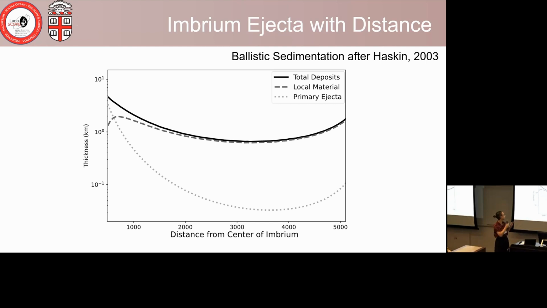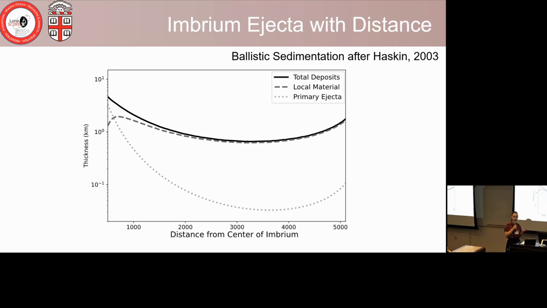There's the primary material from the actual impact, but then there's also a large amount of local material that was kicked up when that primary material arrived. The total deposit is shown in the black line, local material in the dashed, and the primary ejecta in the dotted.